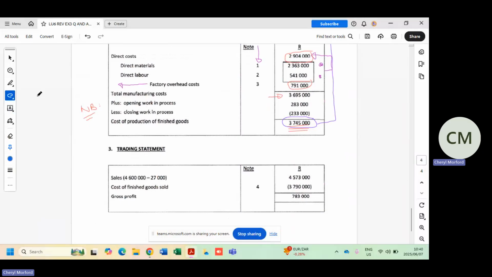Everything is nice and sorted. There is my net sales, from which I must subtract the cost of the finished goods sold. Remember where that came from. Note number 4. Then I subtract and I get 783,000, which is my gross profit.